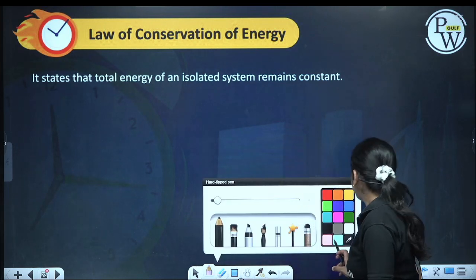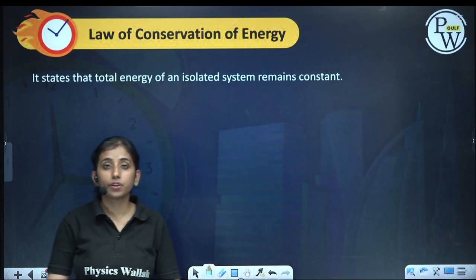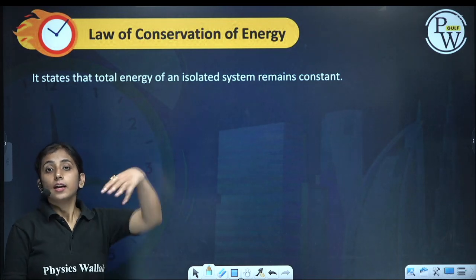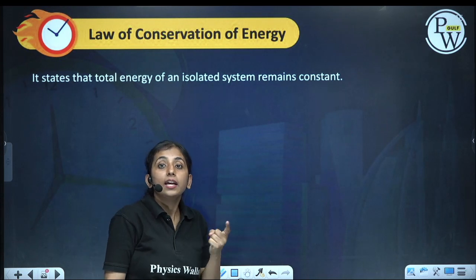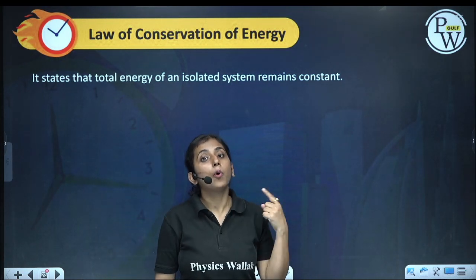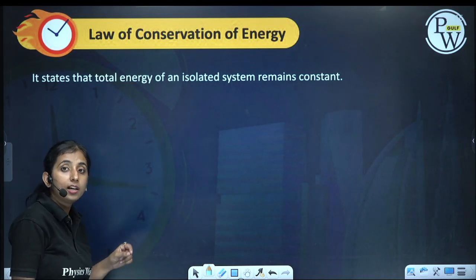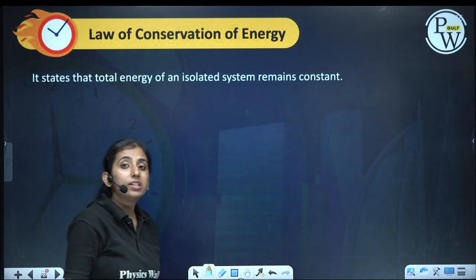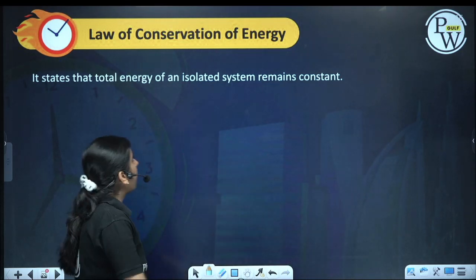Now, the law of conservation of energy. What is the law of conservation of energy? It says that energy can neither be created nor be destroyed. It can only be converted from one form to another.